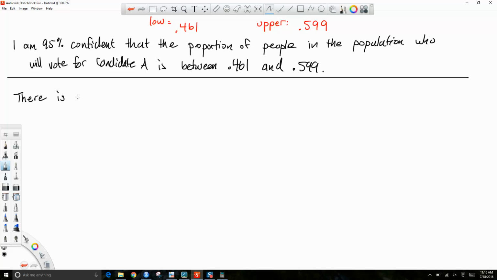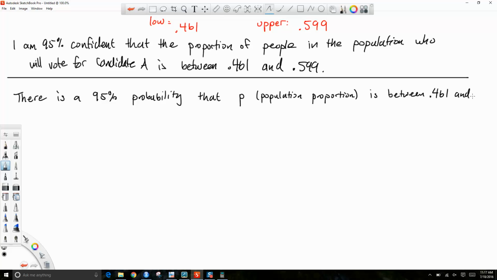There is a 95% probability that P, the proportion of people in the population, or population proportion, of candidate A supporters or candidate A voters, is between 0.461 and 0.599.